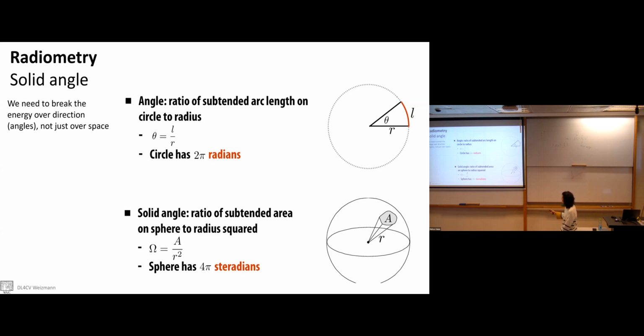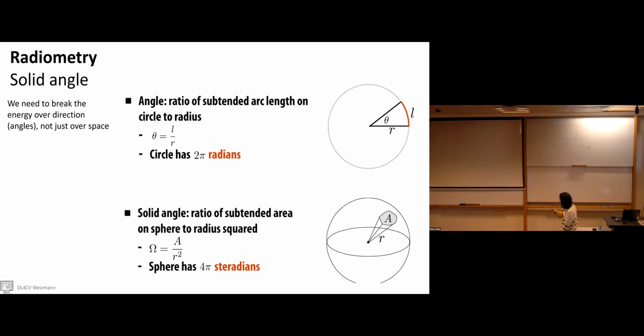So radiance, you know, this is theta L over R. This is the radiance. For a circle, we have 2 pi radians in total. And the same idea is called solid angle, is the ratio of the subtended area of the sphere divided by R squared. Okay?